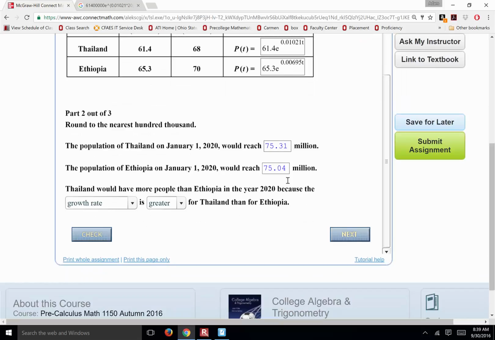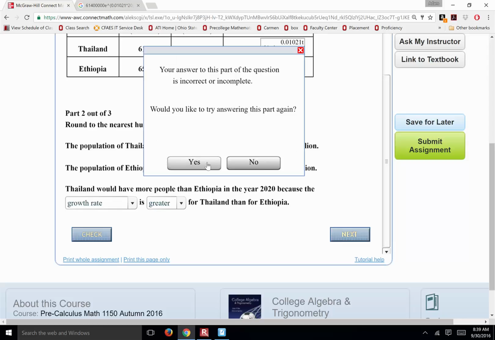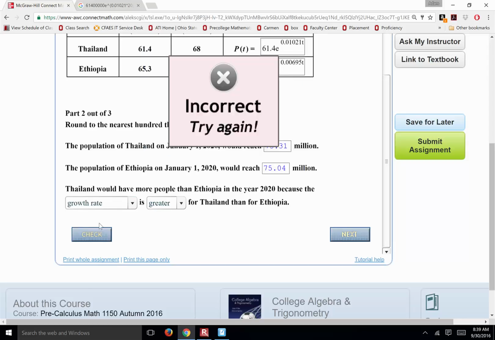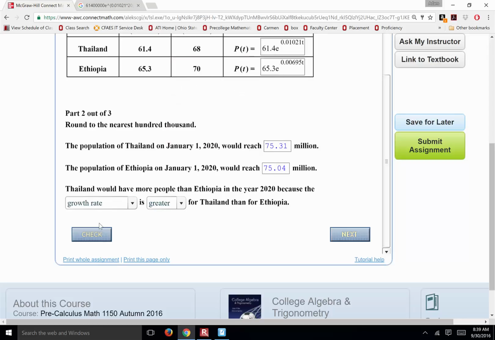Okay, I hope these numbers are right, or you're in trouble, Madison. Oh, hold on, we need to first check because there is an incorrect one. It's your fault. No, maybe the first one is wrong. So we need to type these in again. Wait, it says round to the nearest 100,000.